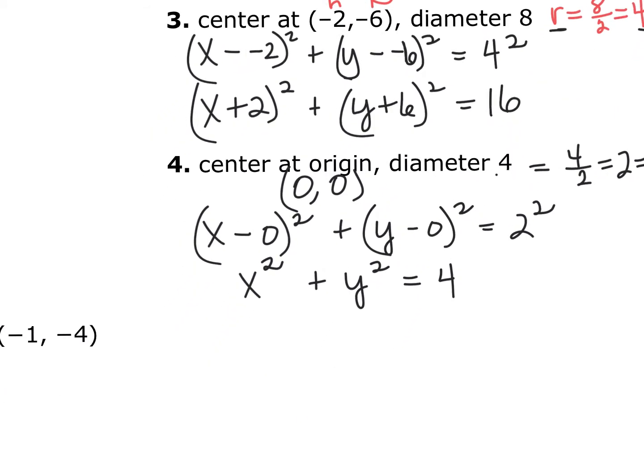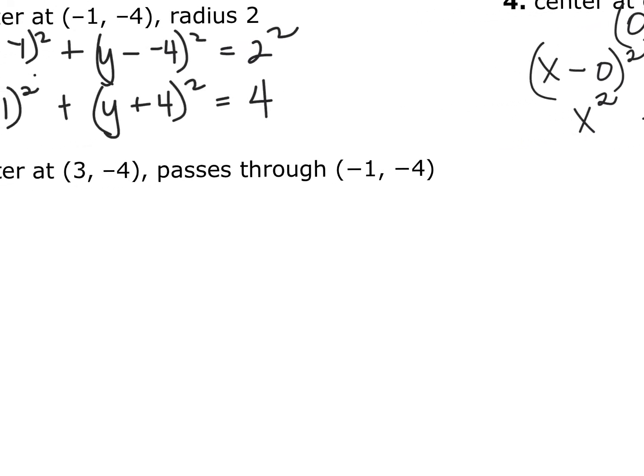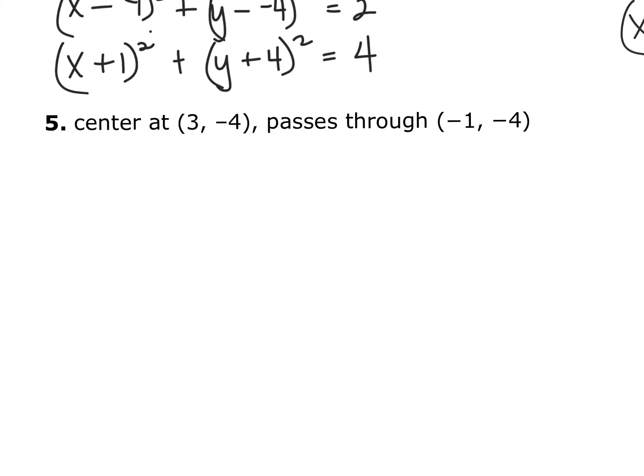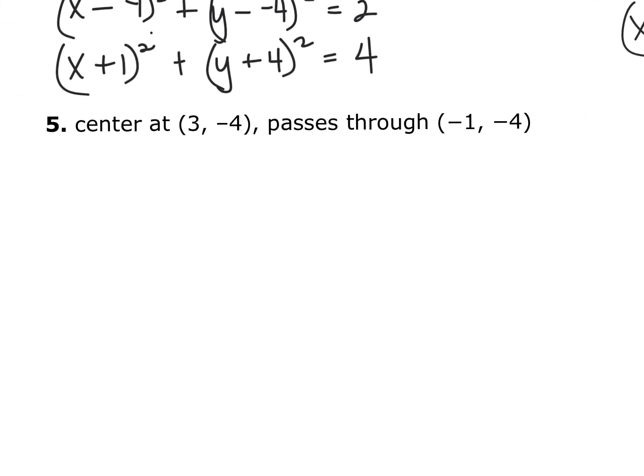All right, let's look at this last problem here. This is center at (3, −4), so this is our (h, k). We don't have our radius, but we do know that it passes through a point. So if we have a center and a point on the circle, then we can find the distance between them and get the radius. One way to do it is to graph it.